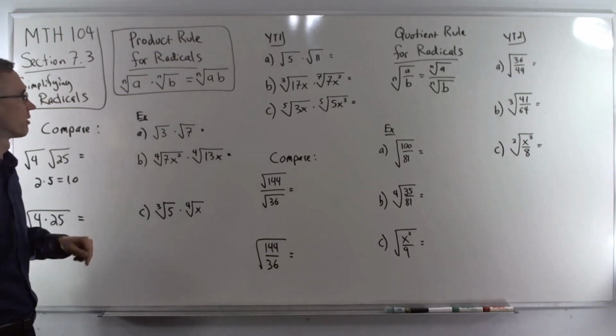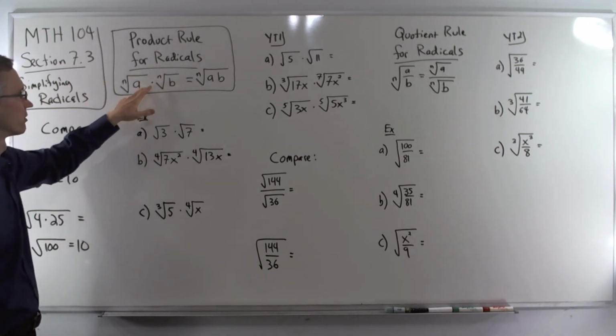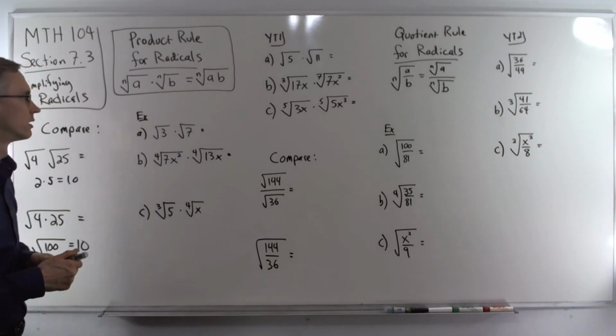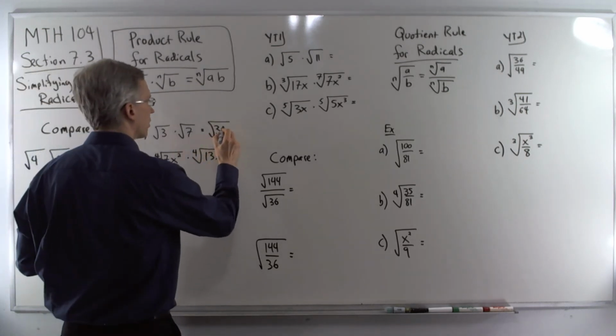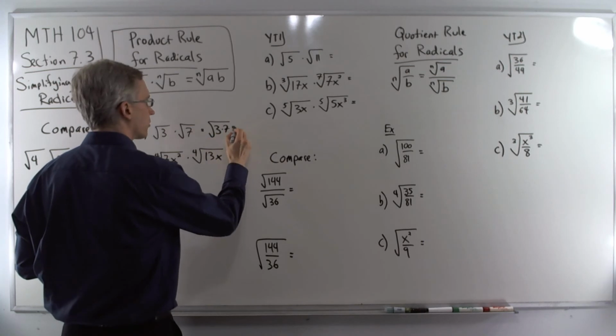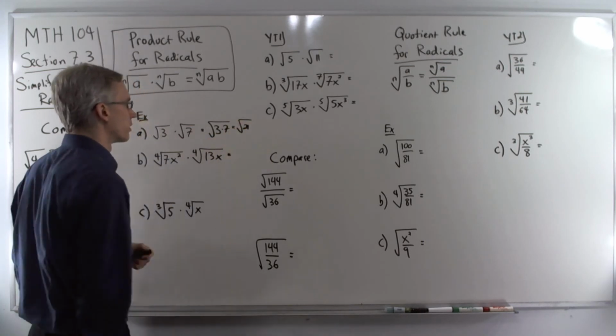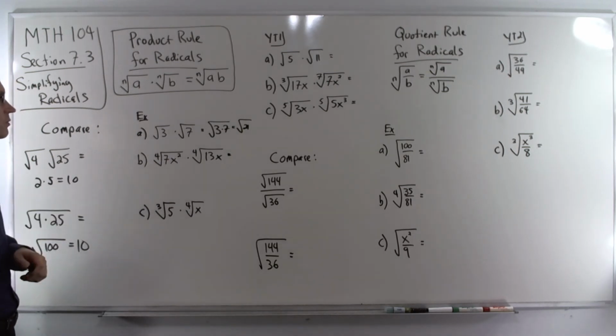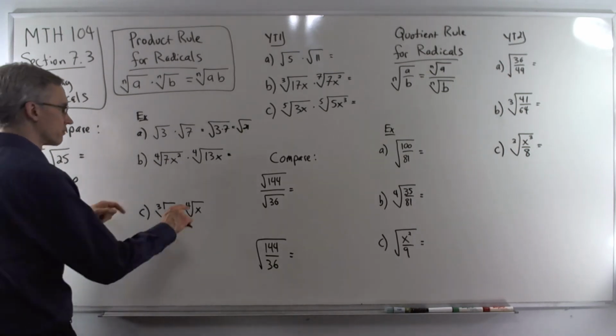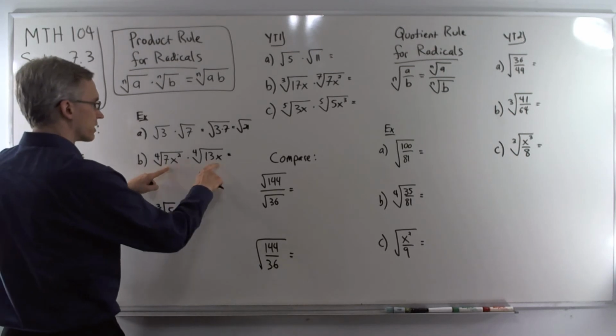So for this one, we want to simplify, so we're going to go to the right, from two separate radicals to one. So this ends up being 3 times 7 underneath the radical, which is the square root of 21. For the second one, we're going to multiply 7x squared times 13x.